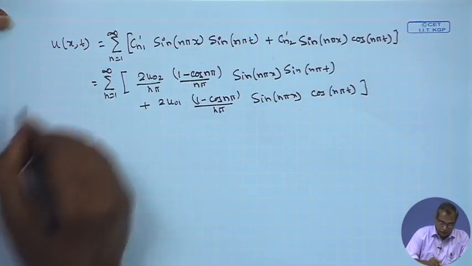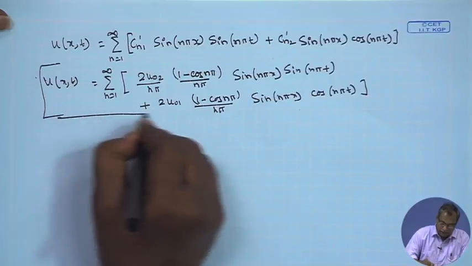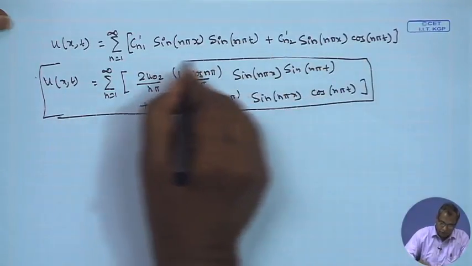So, that gives the complete solution of u as a function of x and t for the hyperbolic problem we are dealing with.